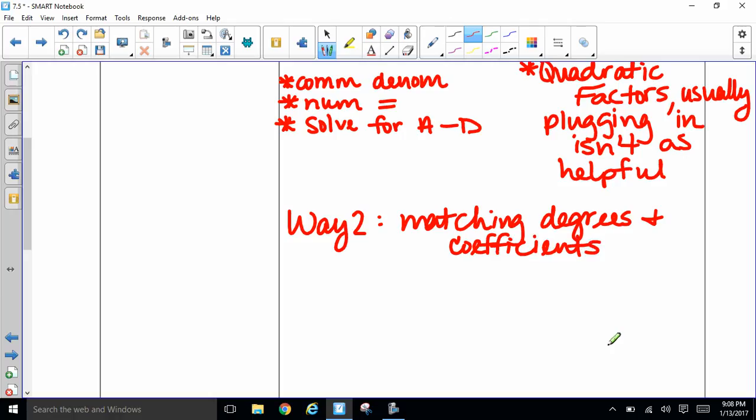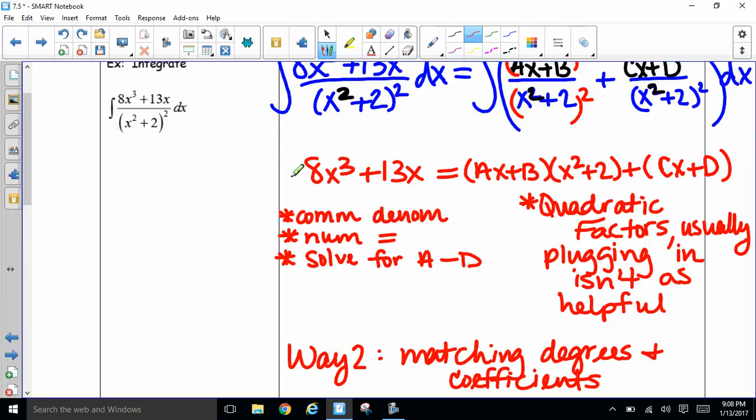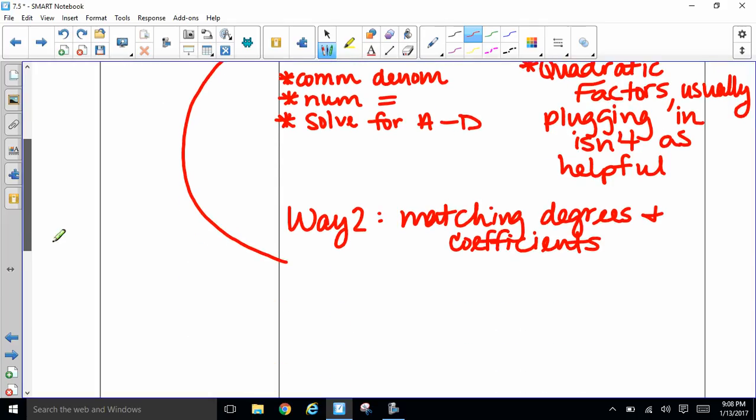All right. So what I mean by that is going back up here to this equation and distributing, foiling, whatever I need to do on the right-hand side. So on the left-hand side, I have 8x cubed plus 13x. But on the right-hand side, getting that cleaned up. So I start foiling.